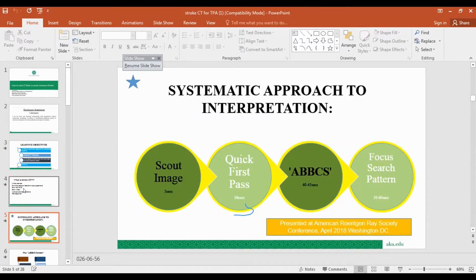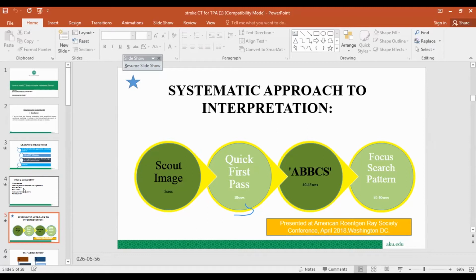So this is my systematic approach to interpretation, which I also presented at ARRS in April 2018. So how do you interpret a CT scan and how much time does it take? It hardly takes 2 minutes to evaluate a CT brain for the acute stroke patient.